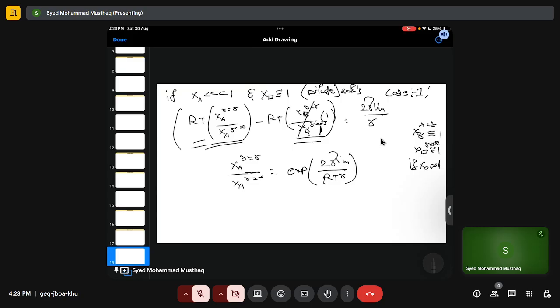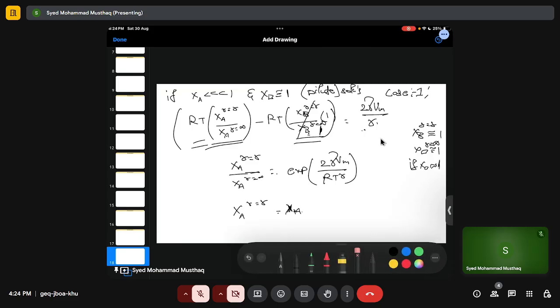See, I shift RT here, RT will come here, and then I just do the exponential. Log will go there, it will become exponential. Then XA at R equals R, XA at R equals infinite. Let me clean this.